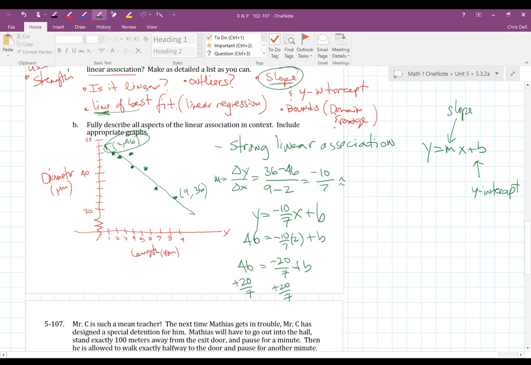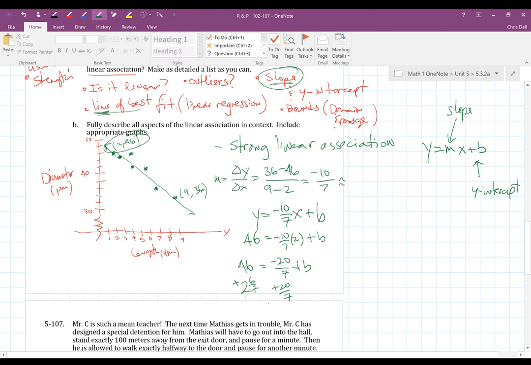That 20 sevenths is the same as 2 and 6/7.